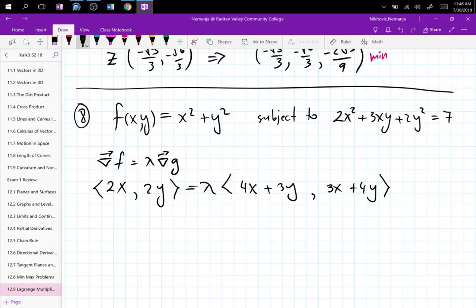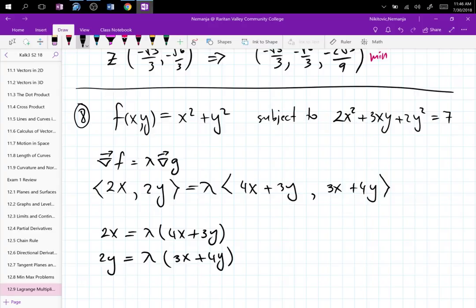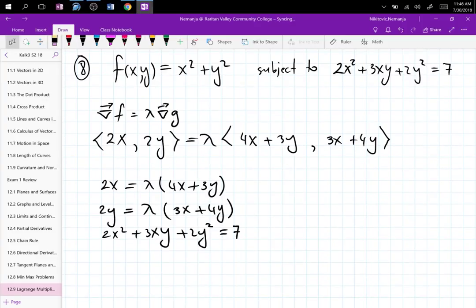So I have first equation given as 2x is equal to lambda times 4x plus 3y. Then I have 2y is equal to lambda times 3x plus 4y. And finally, we have the equation 2x squared plus 3xy plus 2y squared is equal to 7. So 3 equations, 3 unknowns.